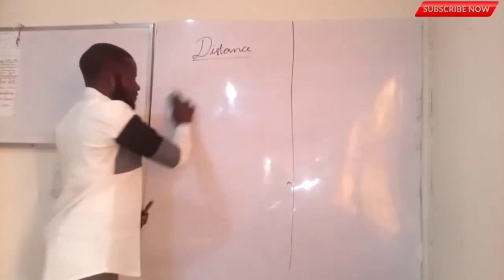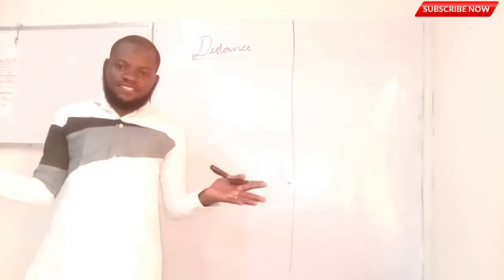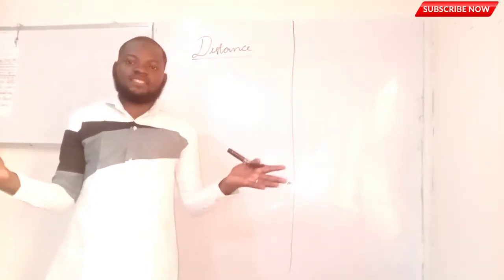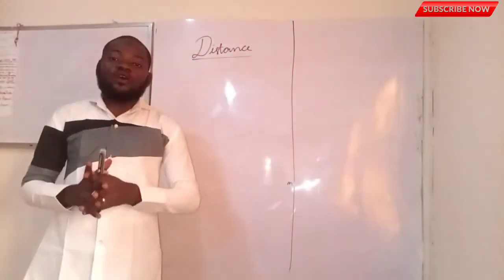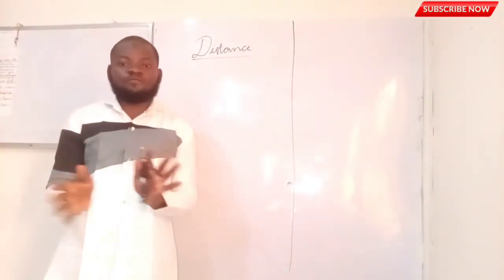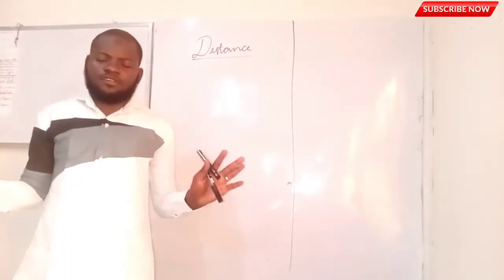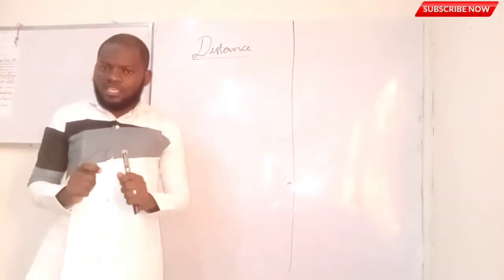Now, let's go to the next one, which is going to be displacement. What is displacement? We always say displacement is the distance between 2 points, or the gap between 2 points in a specified direction. That is just literally the meaning of displacement. But that definition will not help us in carrying out any arithmetic on displacement. Are we together now?